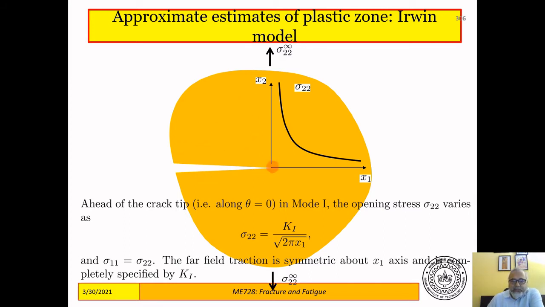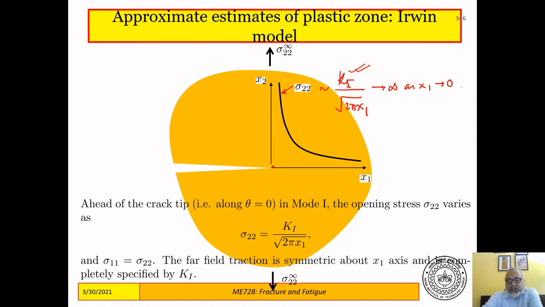This is the crack tip, and we know at the crack tip sigma 22 goes to infinity as k1 by root 2 pi x1, that is at theta equal to 0, and this goes to infinity as x1 goes to 0. So that's what you see here. Now this solution is governed by a single parameter. This is the LEFM solution.